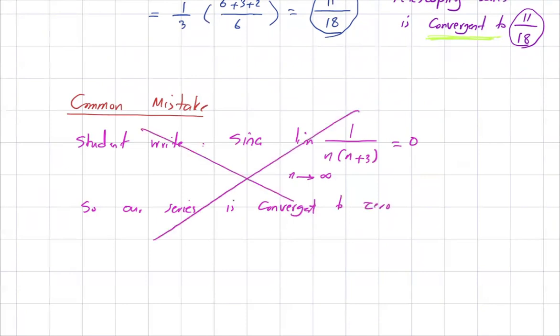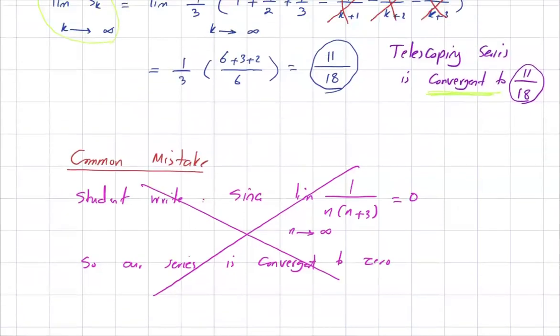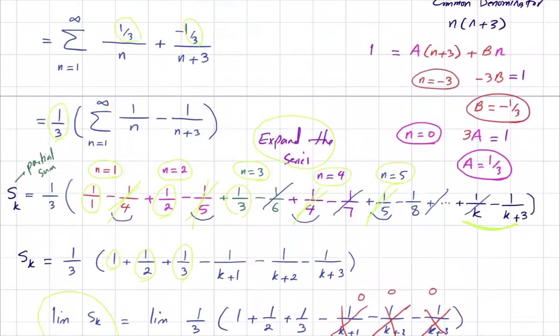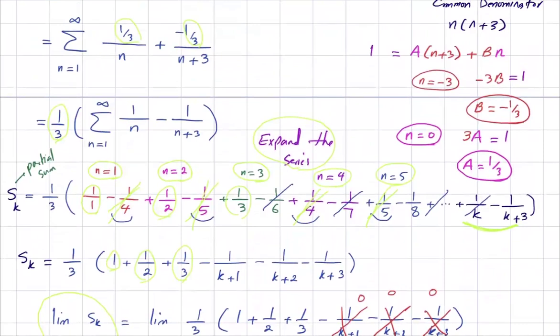This is wrong, everybody. This is just a limit of the general term. For the series, you need to find a sum to say that it's convergent to that value. You need to basically do all of these steps to find the sum of this telescoping series.